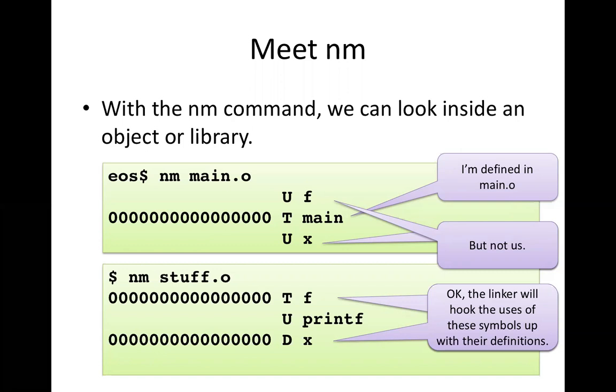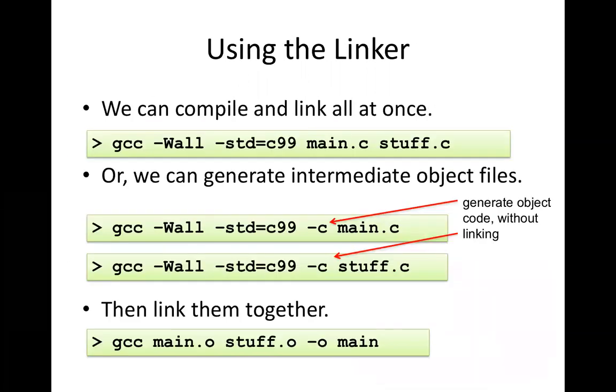If you let me back up a couple of slides, I said if you had a big project, it would be a lot more efficient to try to compile each of the source files separately and then link them all together once they had all been compiled.